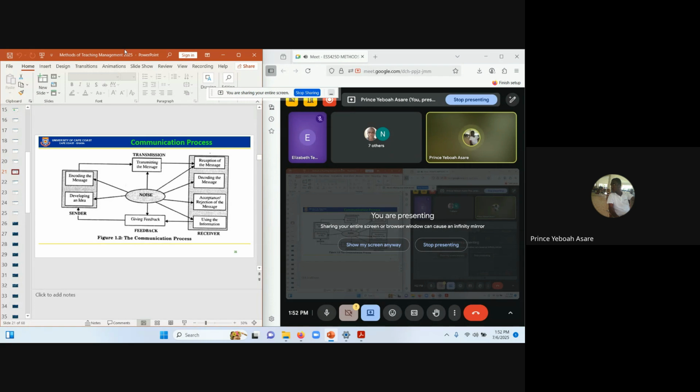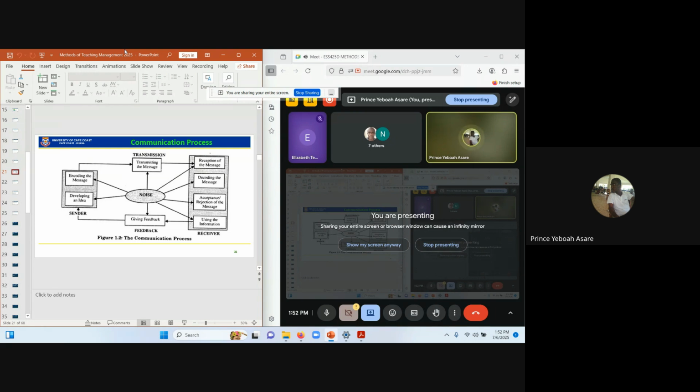Is it by some features that they will understand? Is it by some example they will understand? Is it by some illustrations? By what way or means will they understand? You must think through that. That is the encoding process.